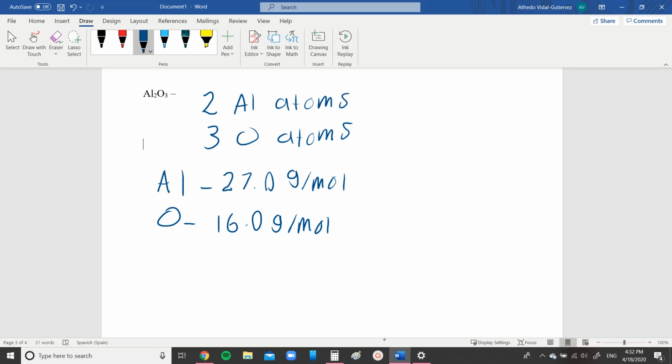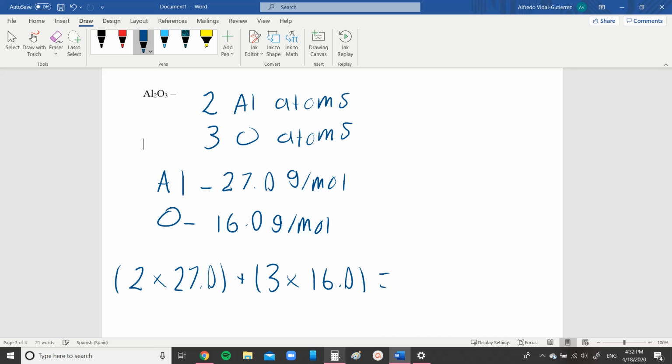So first we'll do aluminum. You just do 2 times aluminum's molar mass, which is just 27.0, plus the mass of our oxygen atoms. So you have 3 here, and you multiply that by the molar mass of oxygen, which is 16.0.